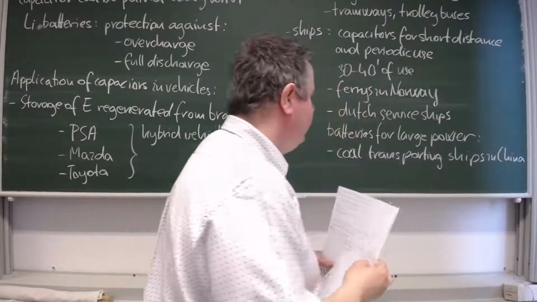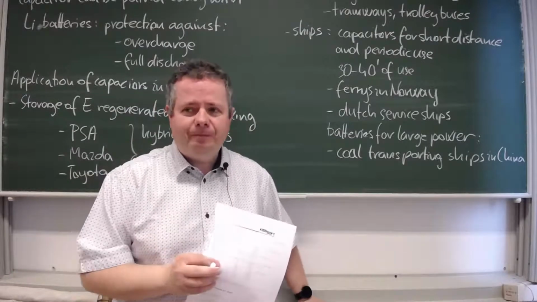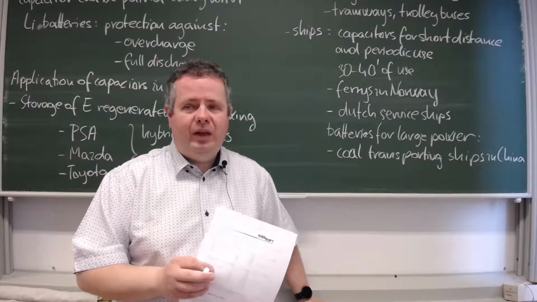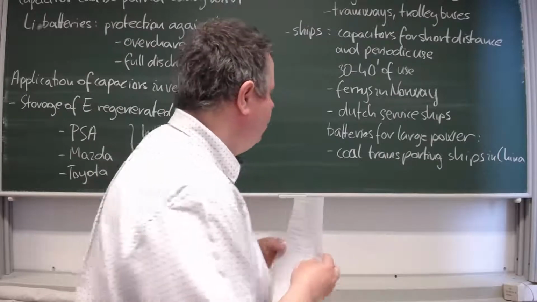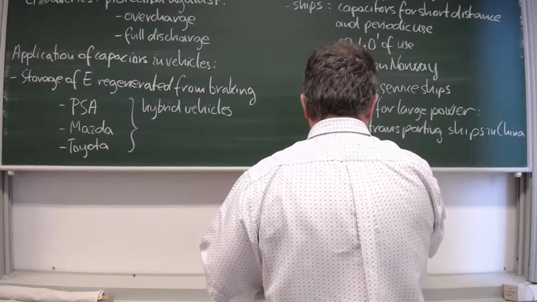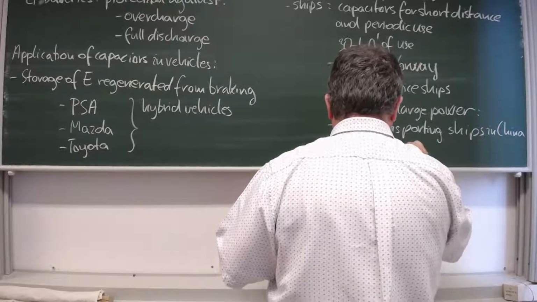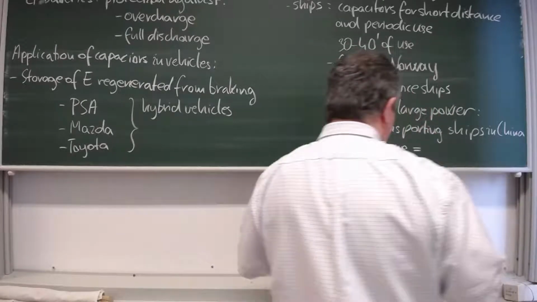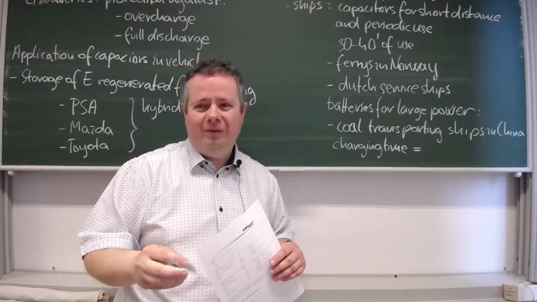So they are transporting the coal from the mine, I don't know, or from one port to another port. So there's a quite limited range of activity for the ship. And the charging time is just equal to the charging or discharging of the coal.